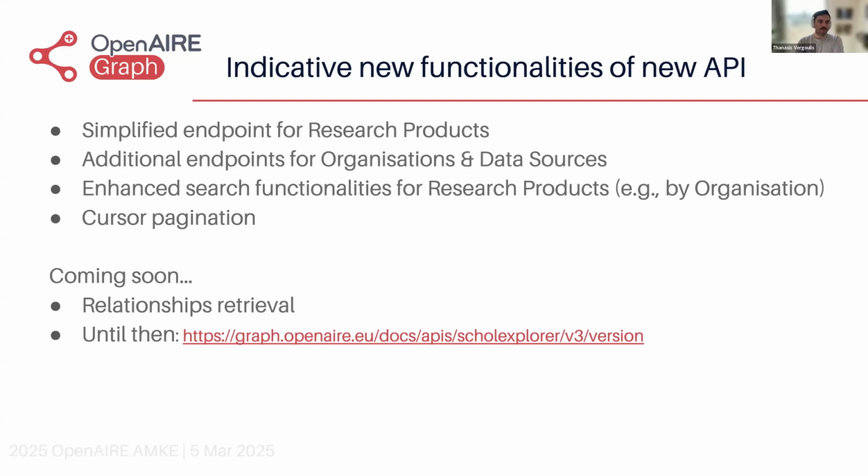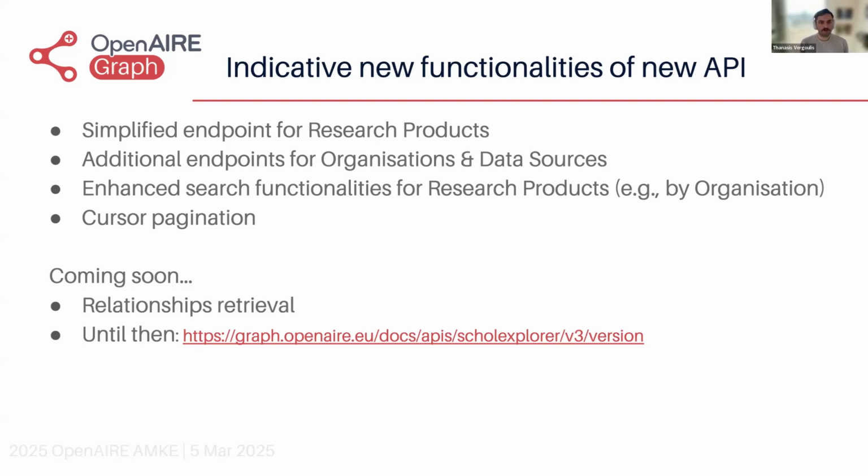Very quickly, just to indicate new functionalities that are important. There is a simplified endpoint for the research products. In the past, in the search API, we had multiple endpoints, one for each type of research product, while now the type of the research product is just one parameter that you can find in this endpoint that covers all research products.